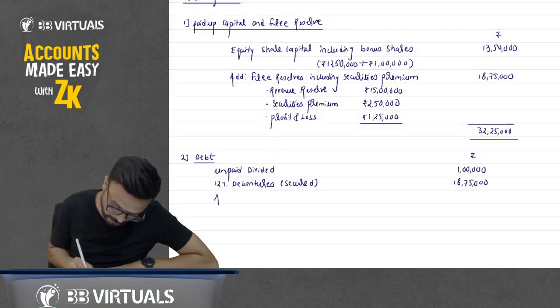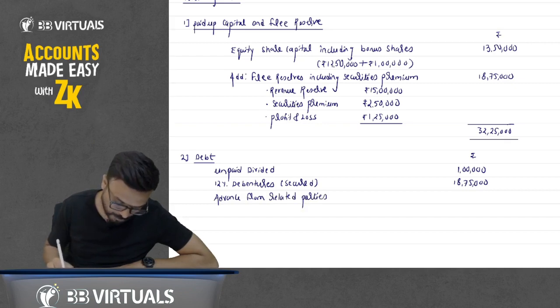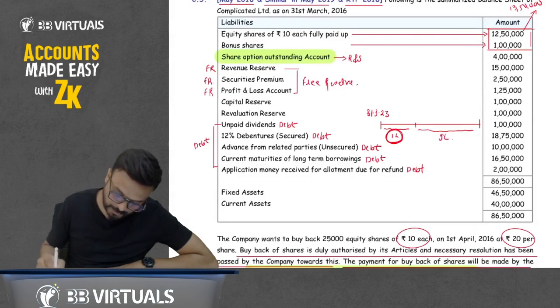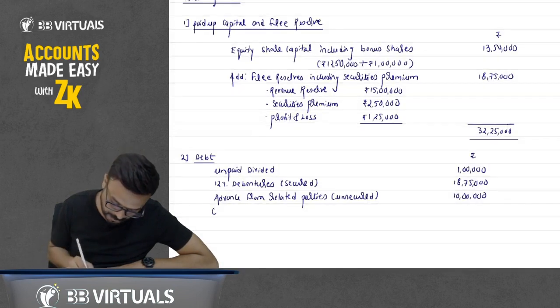So advance from related parties, unsecured, 10 lakhs. Then current maturity of long-term borrowing.